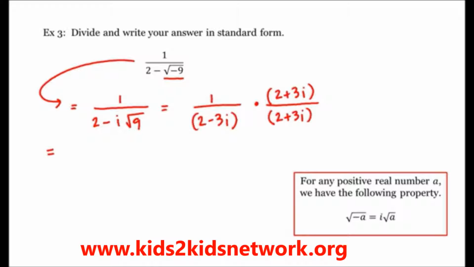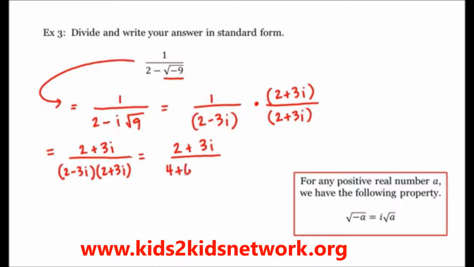So this is equal to 1 times 2 plus 3i, which is 2 plus 3i, divided by this product here, 2 minus 3i times 2 plus 3i. And now we can FOIL out the denominator, which gives us 4 plus 6i minus 6i, then minus 9i squared. And the plus 6i and minus 6i cancel.